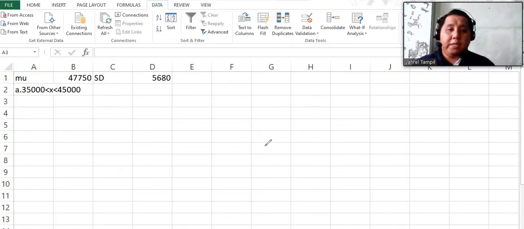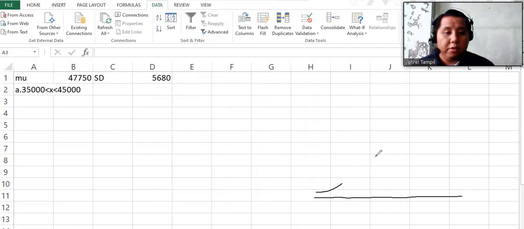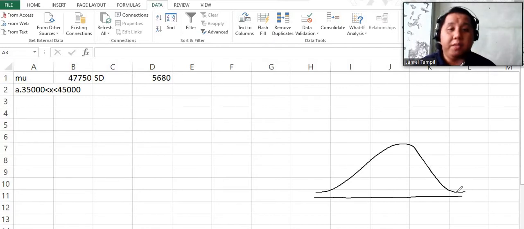So to analyze it, most of the time when we analyze normal distributions, it's quite better if we draw the normal curve. It doesn't necessarily have to be perfect, but if you want it to be, there are programs on the internet that can draw the normal curve for you.